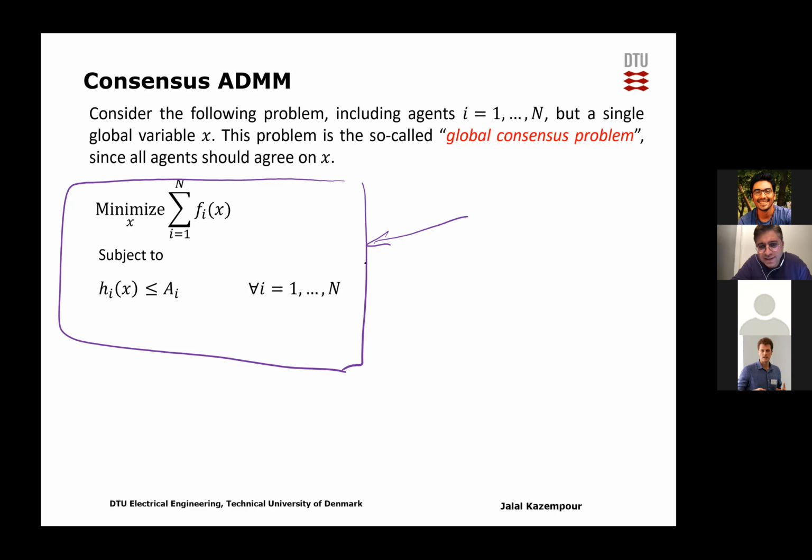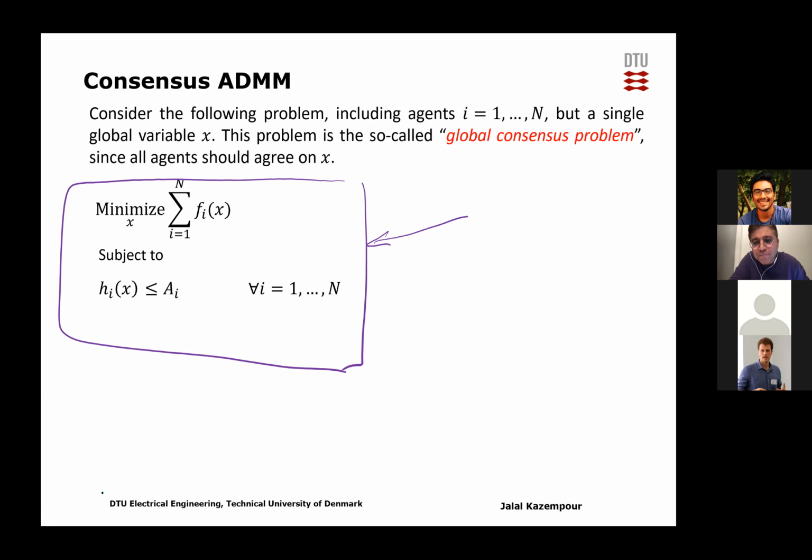Why do we call it consensus? Maybe one of you can unmute and say. Jan says, because agents have to agree on x.